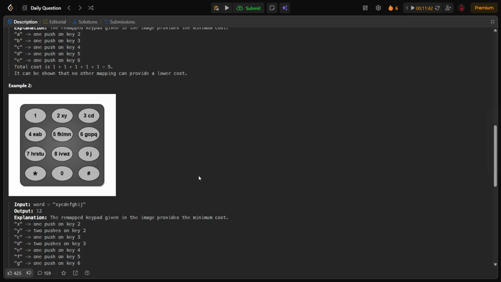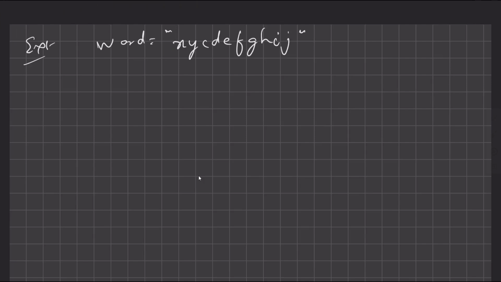We have the word as X, Y, C, D, E, F, G, H, I, N, G. So if you see, the length is 10.